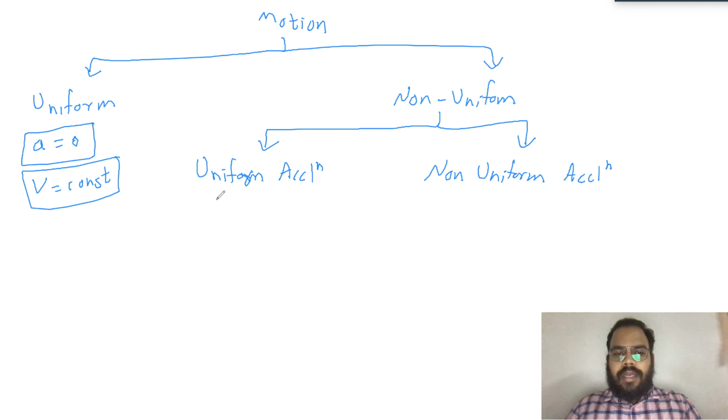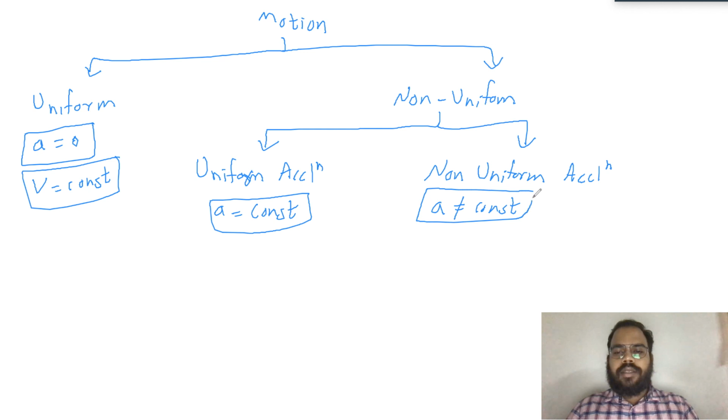For constant accelerated motion, the acceleration would be constant, and for non-uniform motion the acceleration won't be constant. So look at the acceleration, check whether it is 0, constant or not constant, and you will get which type of motion it is.